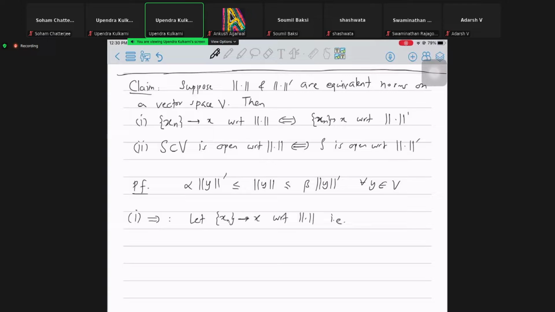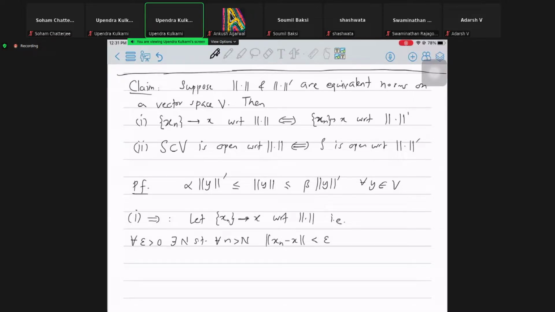So what does this mean? For all epsilon greater than 0, there exists a capital N such that for all n greater than N, the norm of xn minus x is less than epsilon, correct?